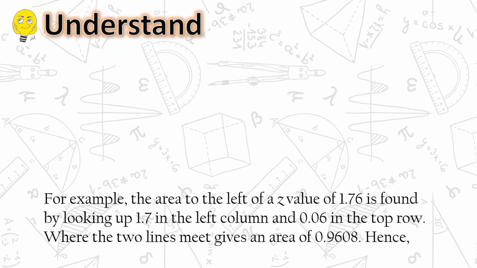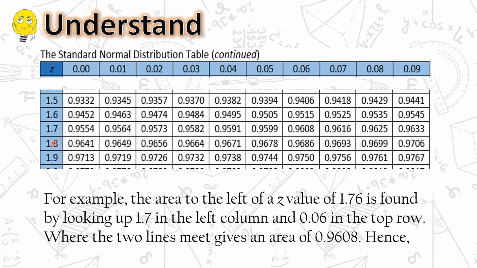For example, the area to the left of a z-value of 1.76 is found by looking up 1.7 in the left column. Remember to use the part of the table that gives positive values for z, and 0.06 in the top row. Where the two lines meet, this gives the area of 0.9608.